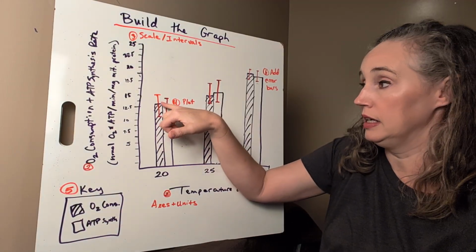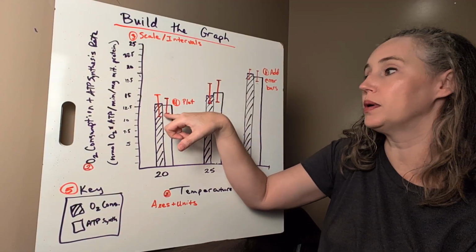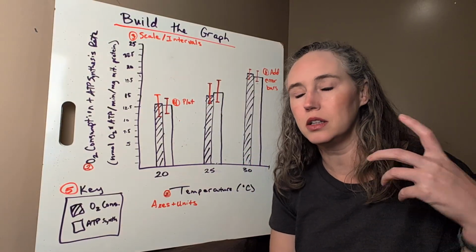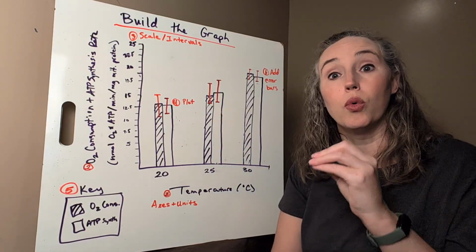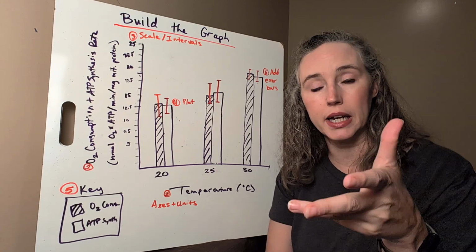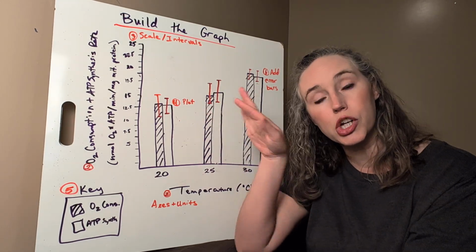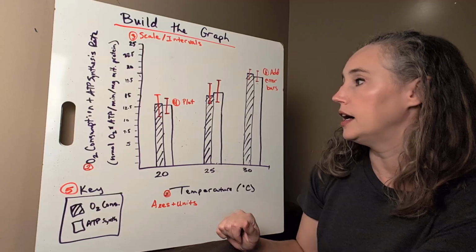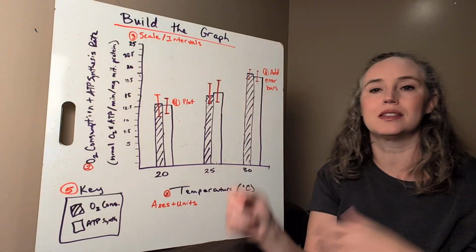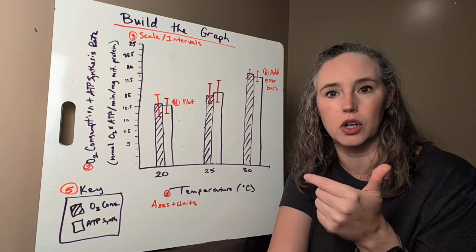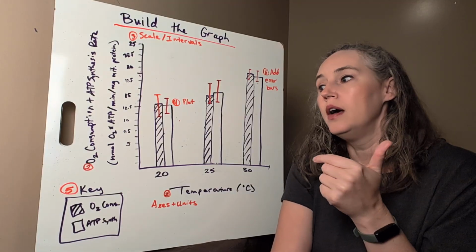So anyway, your plus and minus need to be as close to accurate as possible without getting paranoid about it. You want to be sure that the story your data is telling is the story that's showing up on here. So maybe in all of these, the values are actually pretty close to each other.